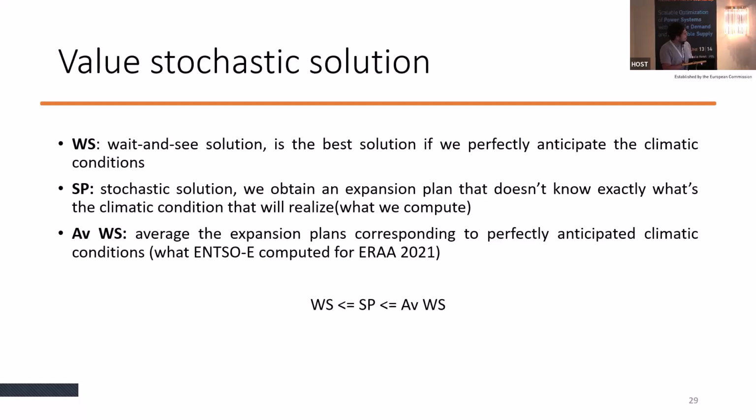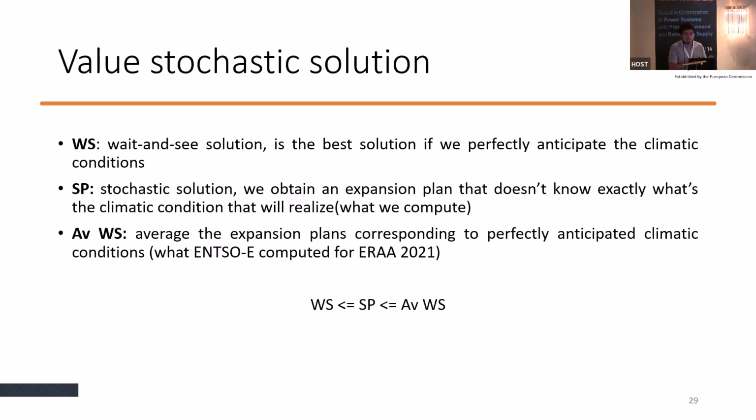The wait-and-see solution is always less than or equal to the stochastic solution. Ideally, what we would like to see is a gap between these two. Because if these solutions are essentially the same, then our stochastic solution, which doesn't know exactly what's going to happen in the future, is the same as if we allowed the solution to perfectly anticipate the climatic conditions.